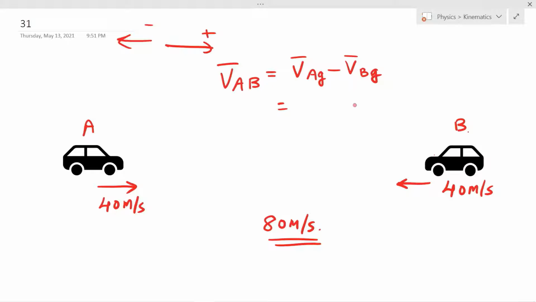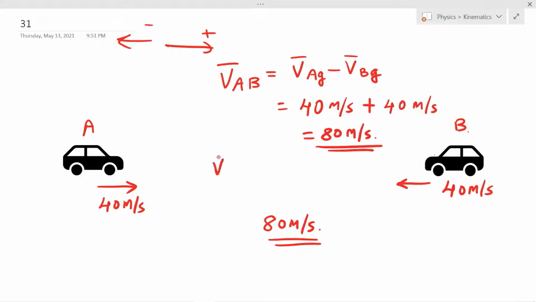So this is our convention. So the velocity of A with respect to ground is 40 meters per second, minus the velocity of car B with respect to ground, which is 40 meters per second again but with the opposite sign, because the left side is the negative side, so this will be plus. So this becomes 80 meters per second.